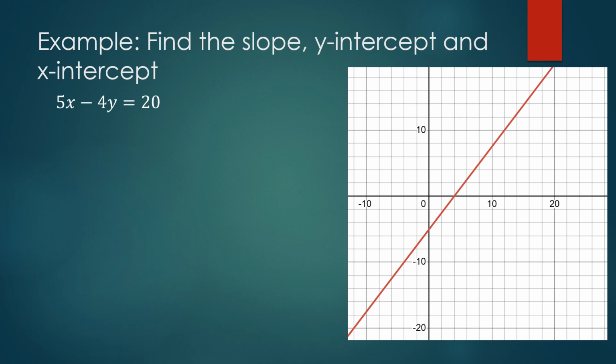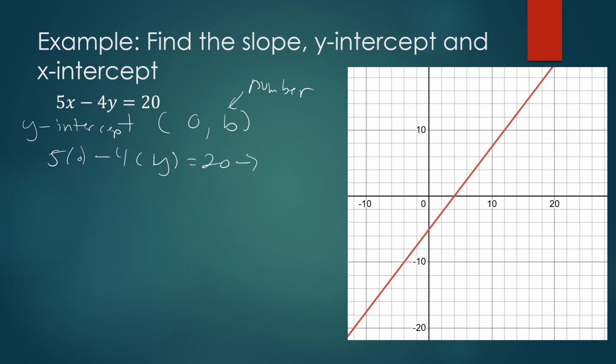If I want to find the y-intercept, it's always in the form 0, b, where b is some number. The x value is always 0. So I'm going to replace the x with 0 and solve for y. 5 times 0 minus 4 times y equals 20.